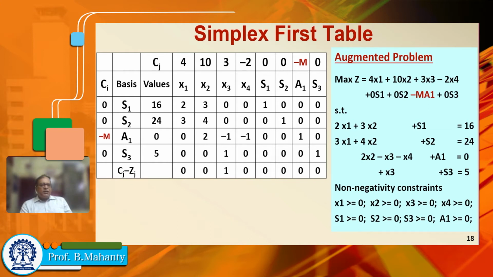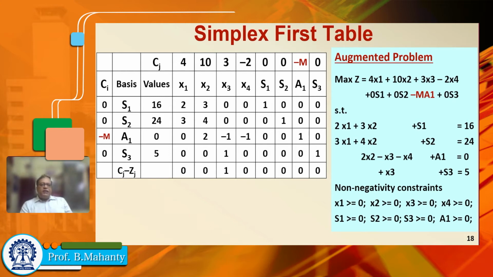So those Cj minus Zj values have to be properly calculated and we can put them. Here, like this one will be 3 minus M, and this will be -2 minus M, this will be 4 plus M, only 4 because of 0 here, and this will be 10 plus 2M. All right, so those are the Cj minus Zj values.